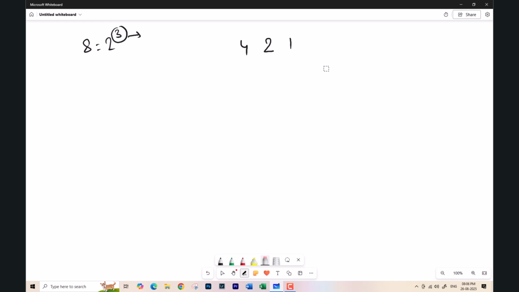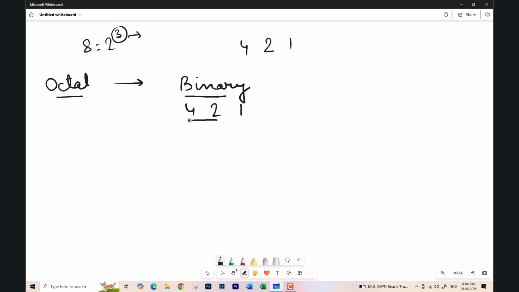Okay. Now in octal number, from octal number to binary, now we require 3 bits, 4, 2 and 1.